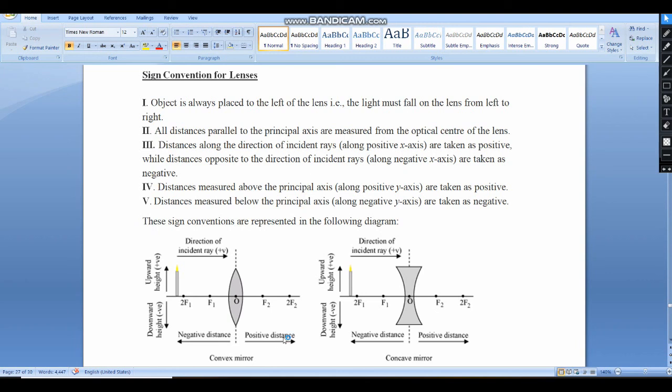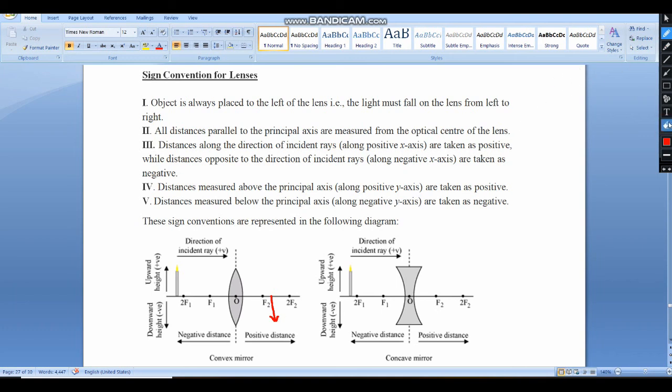Next, the distance measured above the principal axis is always positive, but below the principal axis, in the downward direction, it is negative. Suppose this is the size of this image, that is negative.